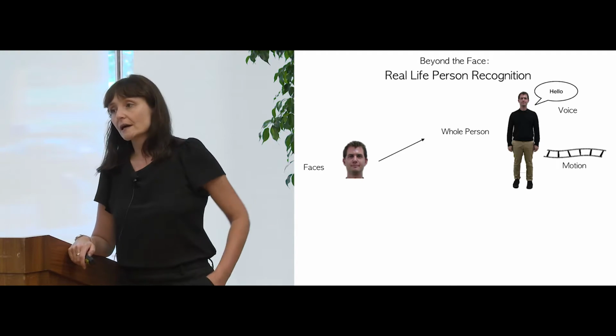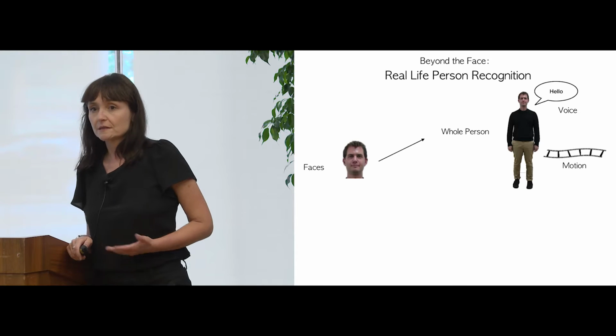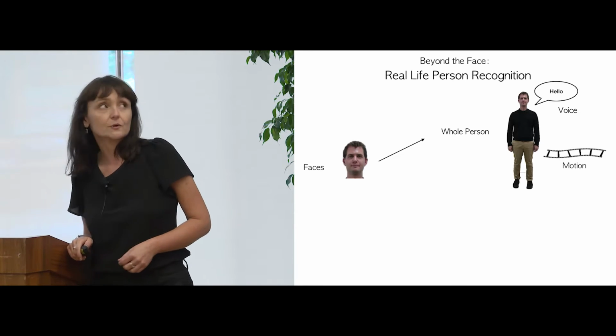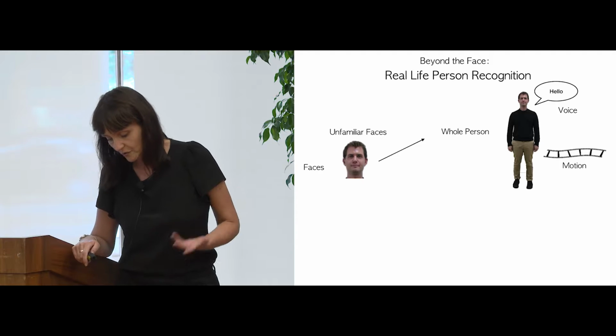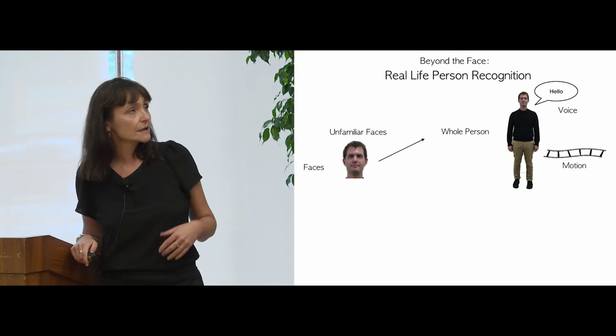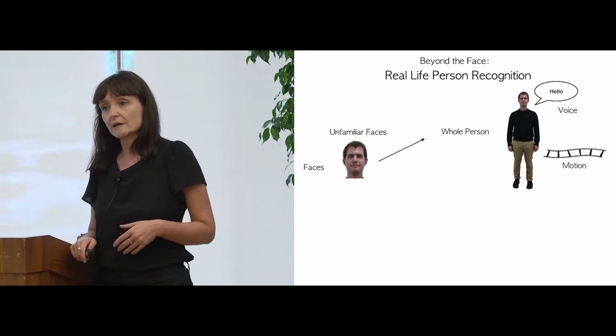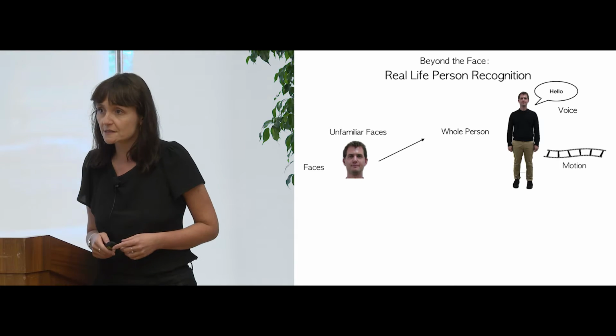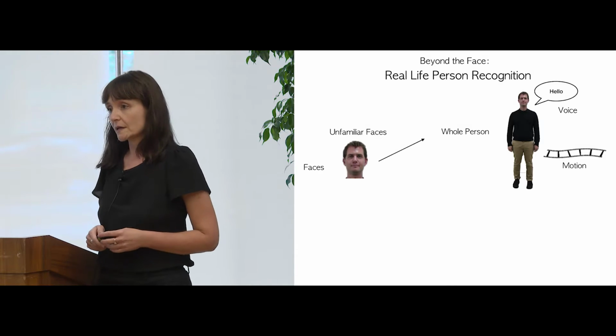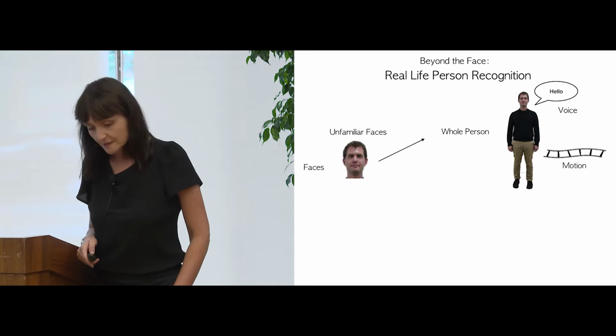Now, another gap between the way we study faces in the lab and real-life person recognition, which was already discussed this morning, is the fact that most of the studies that we have run to learn about the face system were based on unfamiliar faces.